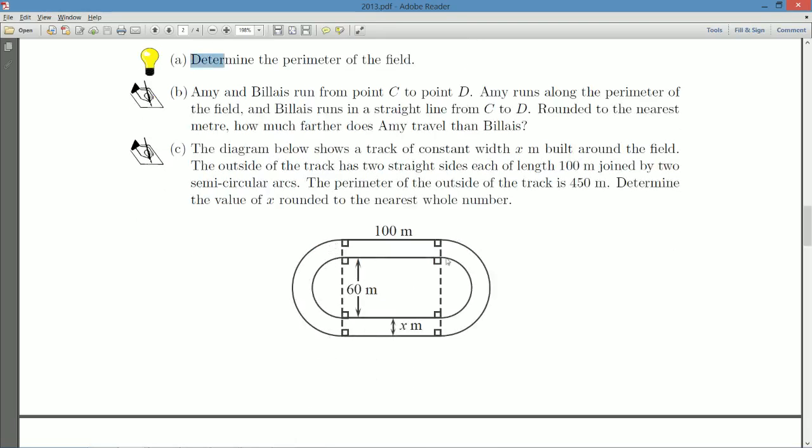Okay. So now we know the whole thing is 450 meters. We have 100 meters accounted for here, and each of these semicircles, either considering them together as one circular arc or separately, contributes the other 250 meters. So hopefully we can get an equation in x, and we'll be able to solve for that.